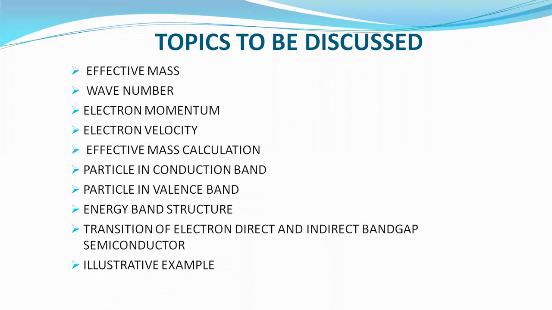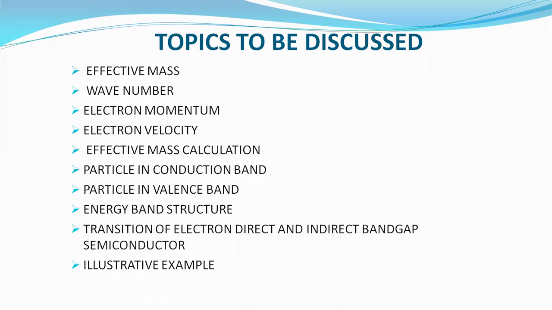When an electron lies inside the valence band or conduction band, its relative mass varies because of that binding energy. And when an electron is traveling from valence band to conduction band or vice versa, its effective mass also changes relatively. We'll discuss that here.